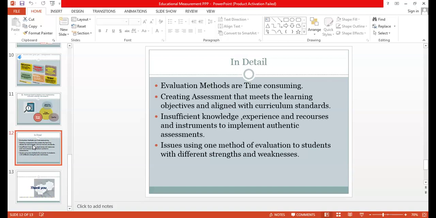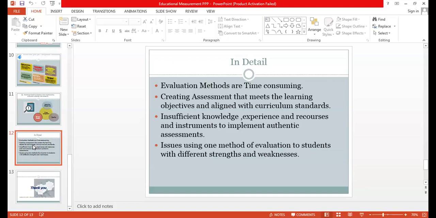Next is creating assessment methods that meet the learning objectives and align with the curriculum standards. The teacher should have sufficient knowledge, experience and new upgraded resources to implement authentic assessment in students.